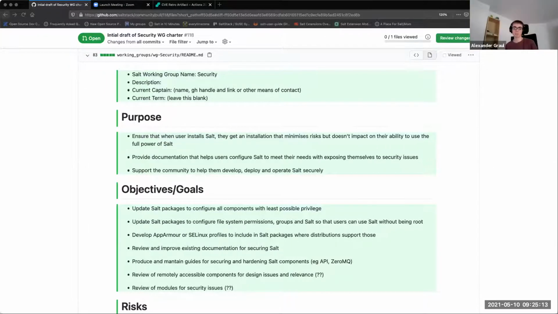One thing about documentation that I saw recently: I was looking into GPG encrypted pillars, and this tutorial that we have in the Salt documentation, I guess it works, but for our case, because Salt is a different user, we need to adjust the file permissions for the pillar and so on. These additional steps, that's something that I need to document anyway, so I don't have to do it in our downstream documentation.